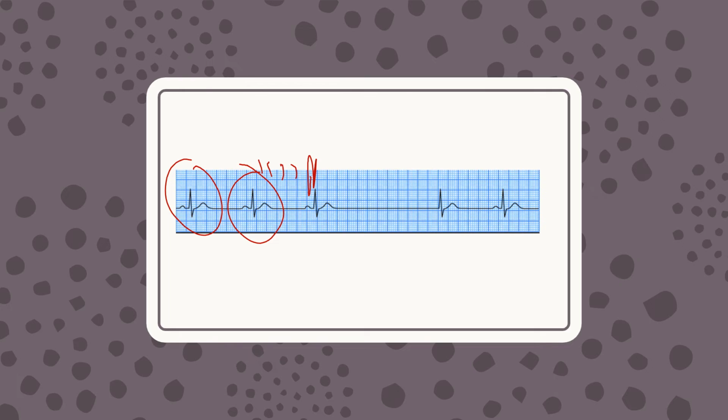You've got these P waves with QRSs and T waves, and then all of a sudden you have a long pause, you have nothing happening in here, and then you have a beat that comes in where the QRS and the T wave look the same, but there's no P wave with it. So that means it's an escape junctional beat.